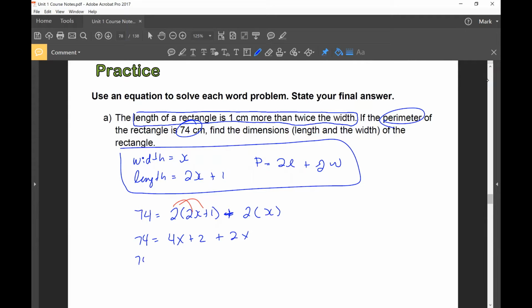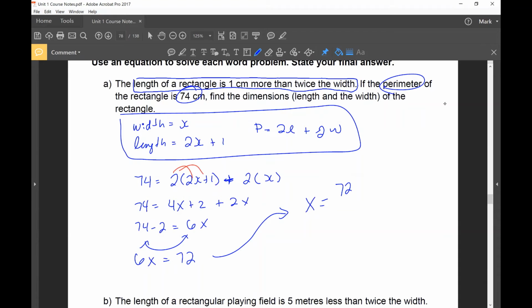So 74 minus 2 is equal to 6x. Now I'm going to just do a little flip here just to make my life easier. So 6x is 72. Actually, I guess I could scroll down, couldn't I? That means x will be 72 over 6.